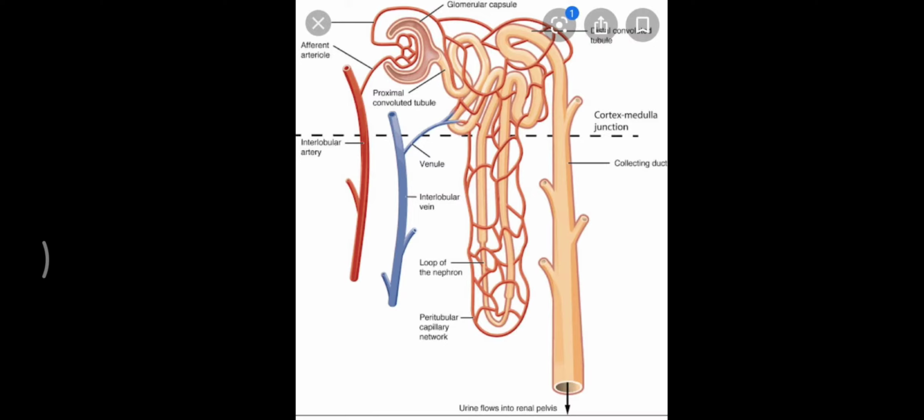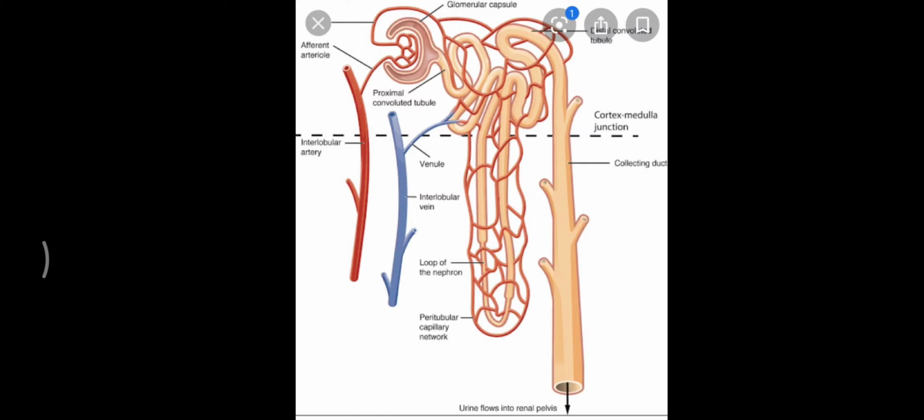So the first part, the glomerulus, is the tuft of capillaries formed by the afferent arteriole. The afferent arteriole is a branch of the renal artery. The blood from the glomerulus is carried away by the efferent arteriole.